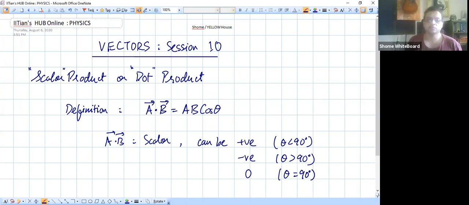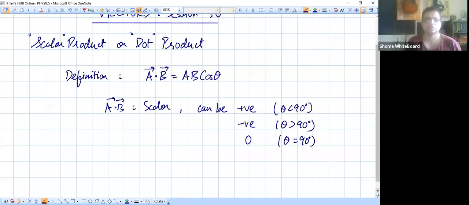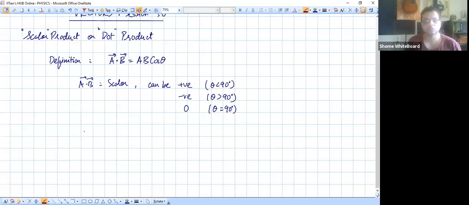And we had seen various properties like the fact that the dot product is what we call distributive, then commutative, etc. So we had seen A dot B is equal to B dot A. Then we had seen that A dot (B plus C), this is the distributive property, is equal to A dot B plus A dot C. We had seen that dot product of a vector with itself is its magnitude square.